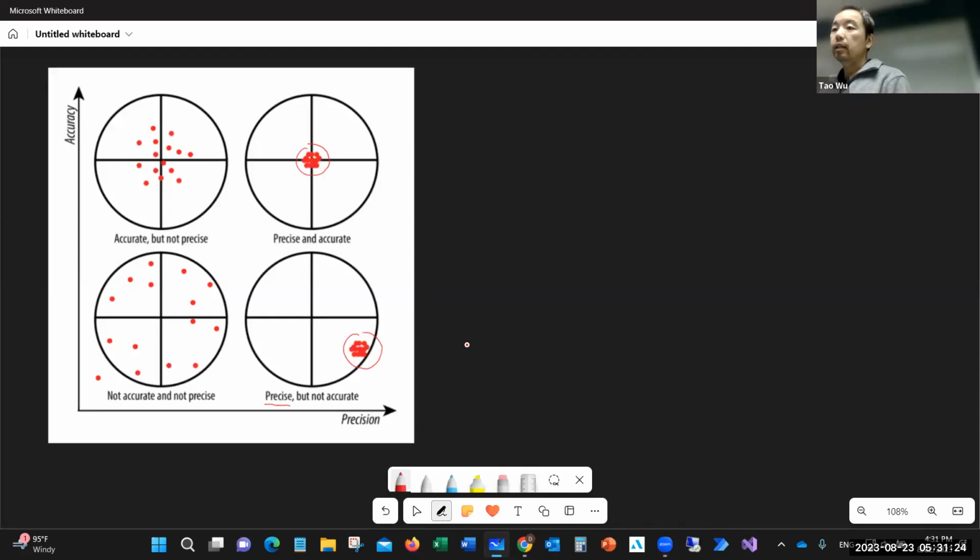And this one is accurate but not precise, which means each of the data is still close to the target, but it's not repeatable, which means the data is scattered. So this is not precise, but still accurate. And the last part is not accurate and not precise, which means the data is going to be everywhere.